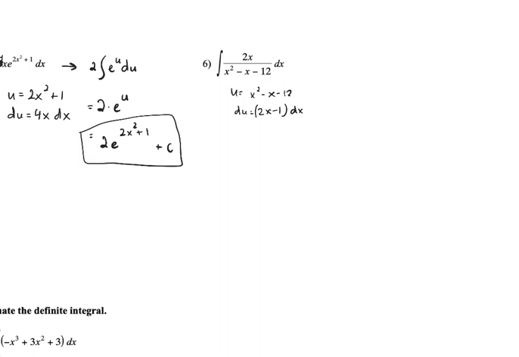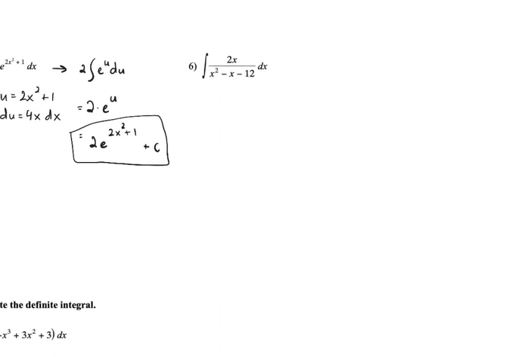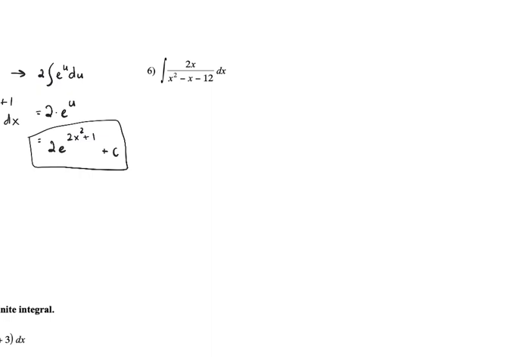So then the other method would be partial fractions. This is what we learned in section 6.2 or lesson 6.2. So we need to take 2x over x squared minus x minus 12 and break it up into its partial fractions, and then find the antiderivative of each partial fraction.